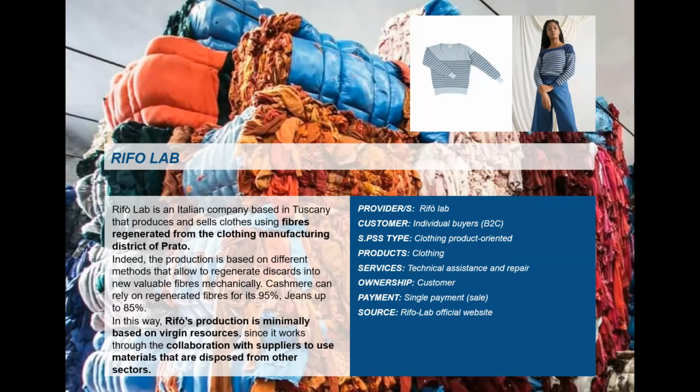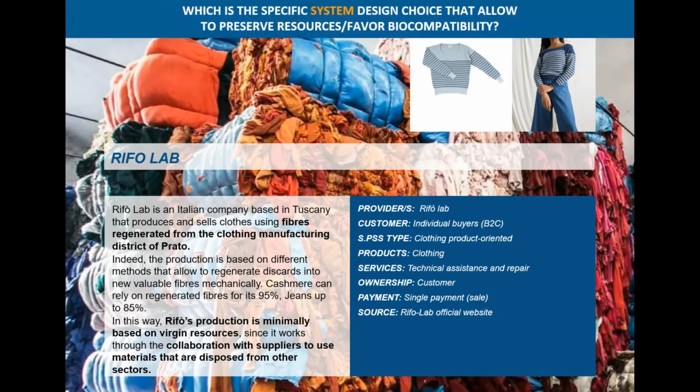So no need to explain how it works, but what is happening here is that RIFO is relying on a district to collect all the after-consumption textiles to create new textiles. So this is the point in which you understand which is the system design choice that is applied here.